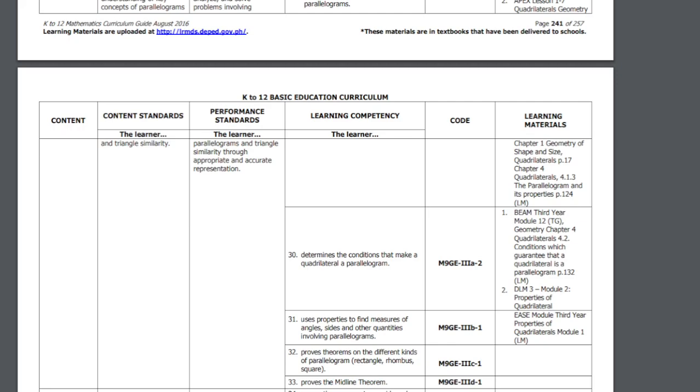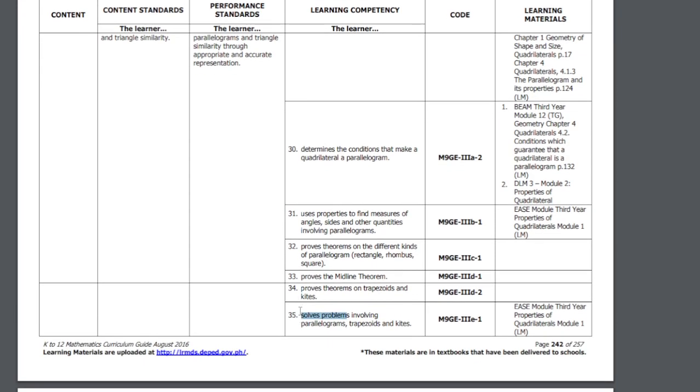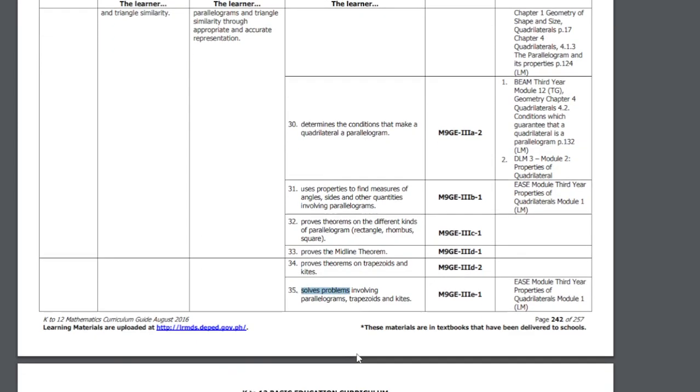In any case, that's a little comment from me. Prove theorems on trapezoids and kites. So proving is the bane of a lot of students, so I'll hold your hand in it. Then solve problems involving parallelograms, trapezoids, and kites. Again, more and more. So it's not proving, it's just solving problems.